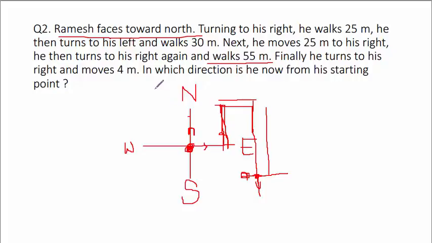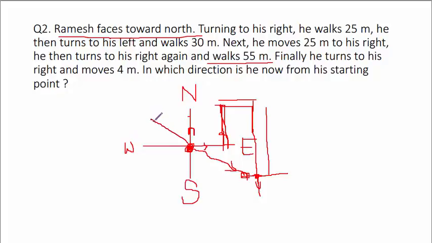Now the question is asking in which direction he is now from his starting point. So draw a line joining your initial point and final point and check its direction. This is obviously east-south, or southeast. You have to remember that the upper direction is north, lower is south, the right side is east and the left side is west.